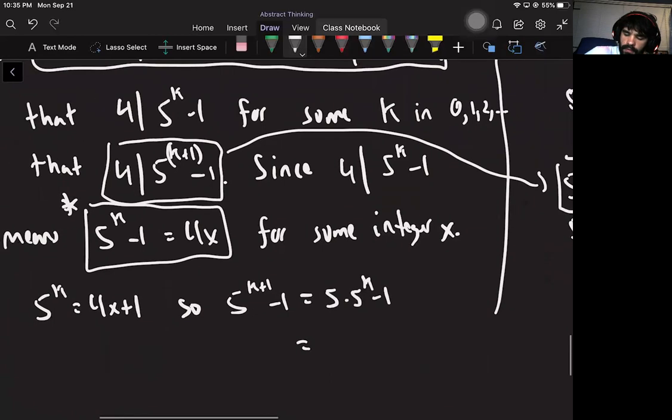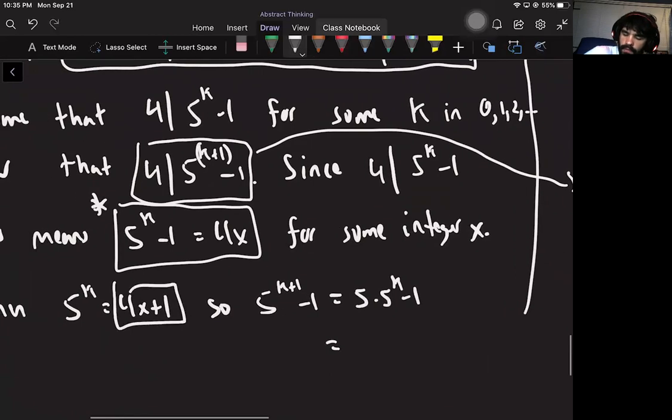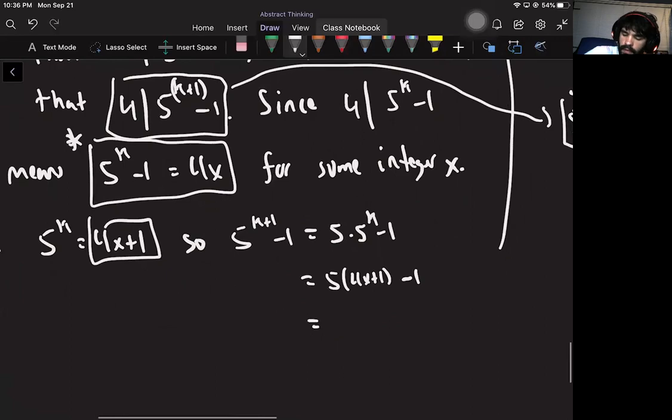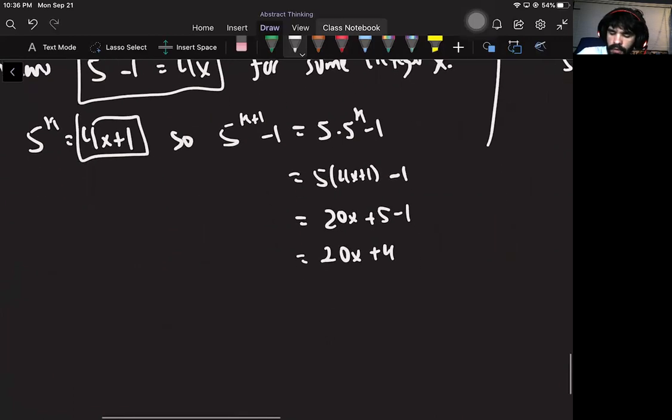And then I'm going to replace 5^k with 4x + 1, and hope that everything works out. So what do I get? I get 20x + 5 - 1. At this point I'm just doing algebra without thinking ahead, but aha, I'm going to get 4 times something, 5x + 1.